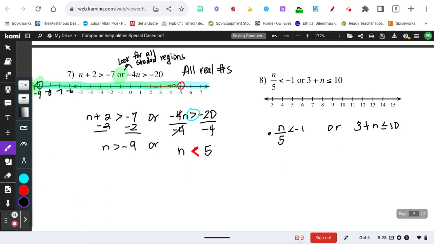All right, this one I'm going to multiply both sides by 5. So I'm looking for any answer that's less than -5. This one I'm looking for any answer less than or equal to 7. Okay. I don't understand why.